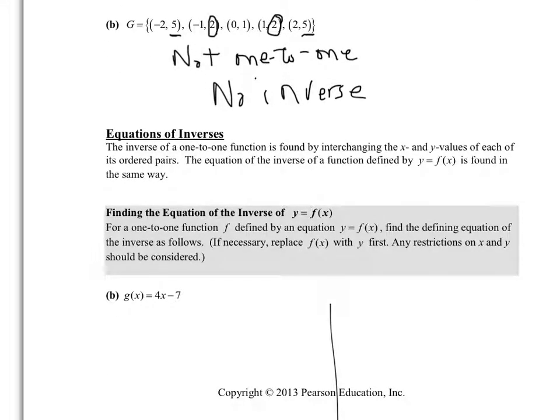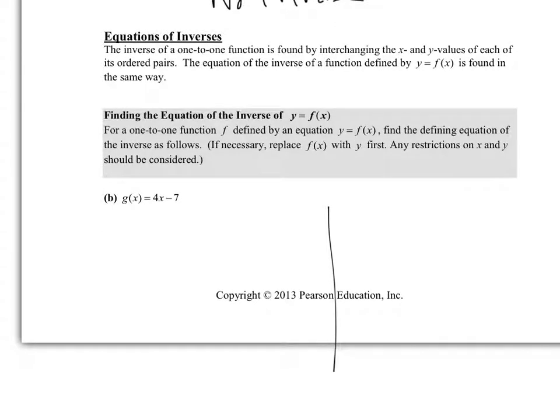Now, it says that the inverse of a one-to-one function is found by interchanging the x and y values in ordered pairs. We just practiced that. If I wanted to find the inverse of an equation, I do it the same way. I will simply switch the x and the y values, and then I will have to solve for y.